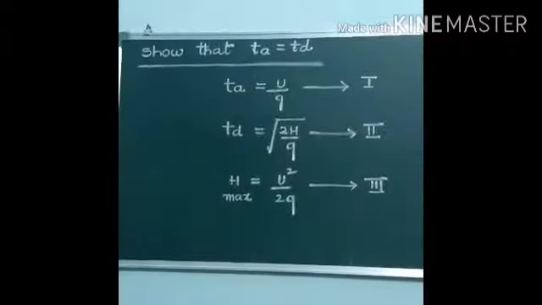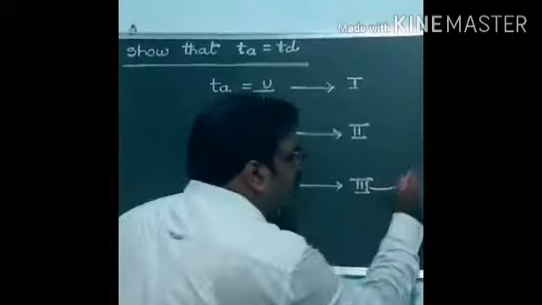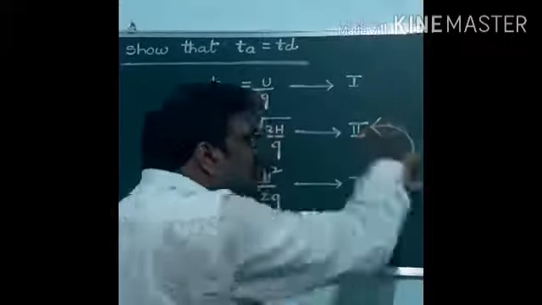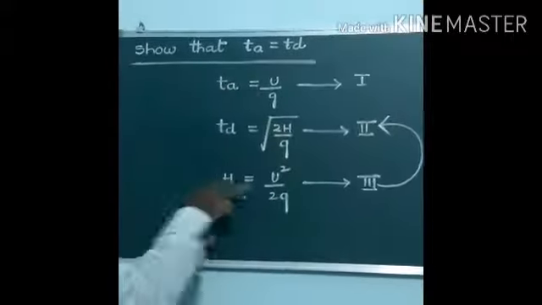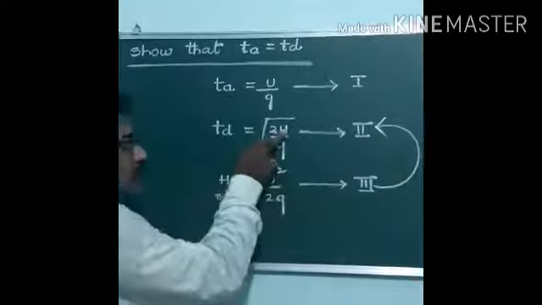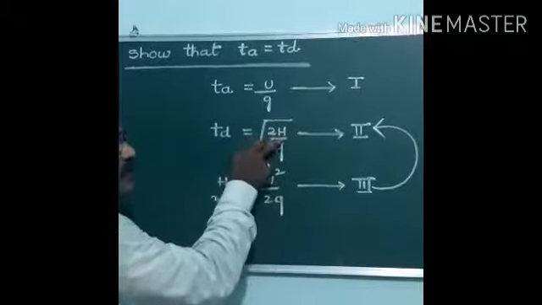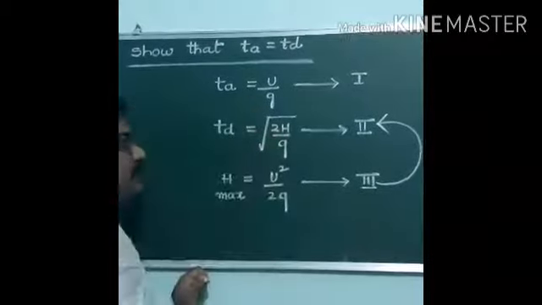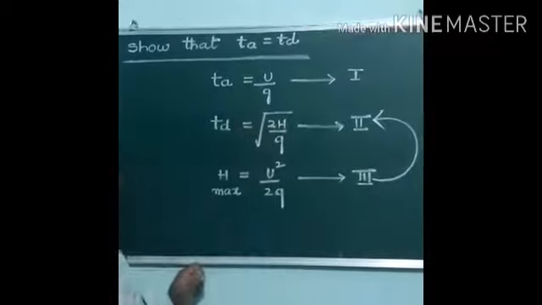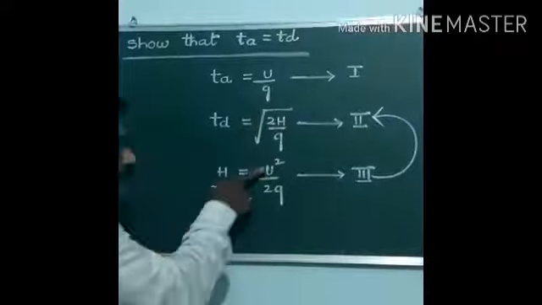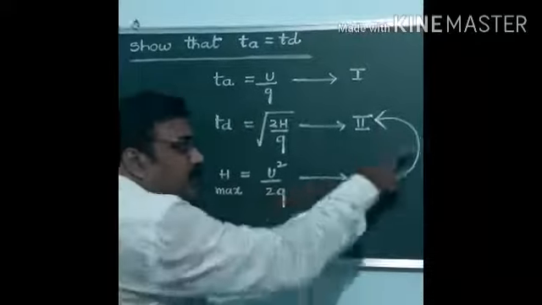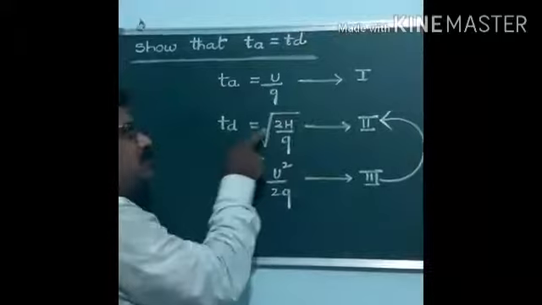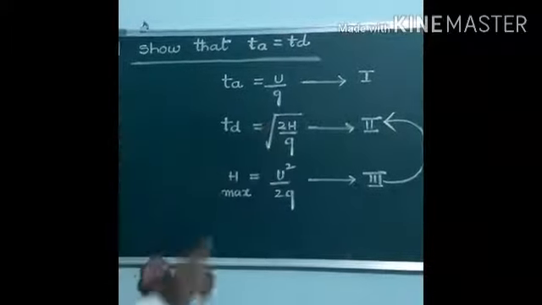Now I am going to substitute the third equation into the second equation. I am going to substitute h, meaning maximum height. Why? Because while the object is reaching the ground, the surface, it travelled the maximum height distance. So h maximum is u square by 2g. This value is going to be substituted into the time of descent, square root of 2h by g.